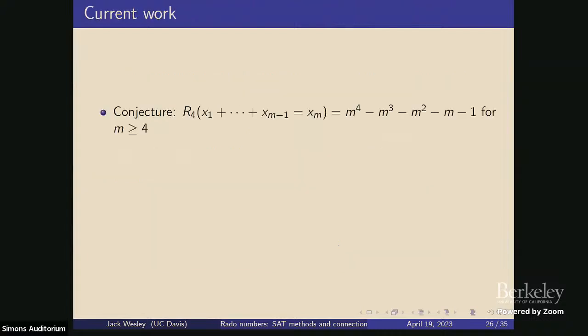But we have much more that we're currently working on. For this generalized Schur equation, as I said, this is known for the three-color case. For 3 colors, this is known to be m cubed minus m squared minus m minus 1. But based on our experiments, it is very likely that the analogous thing holds for 4 colors as well.